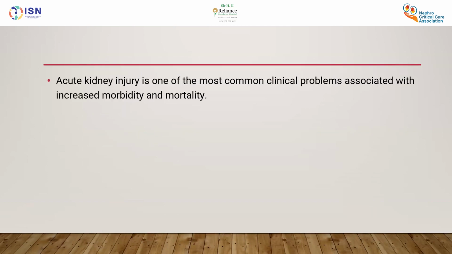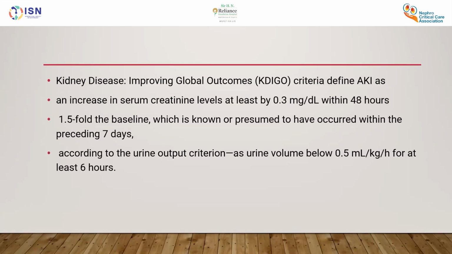As we know, acute kidney injury is one of the most common clinical problems associated with increased morbidity and mortality in the ICU. Almost 20 to 50% of cases will have AKI. We have discussed the definition in the last 2-3 classes as per KDIGO: an increase in creatinine by at least 0.3 within 48 hours, or 1.5 times baseline, known or presumed to have occurred within the last 7 days, and urine output less than 0.5 ml per kg per hour for at least 6 hours.